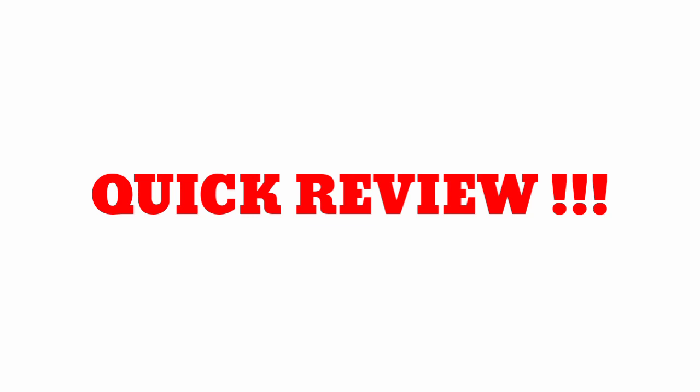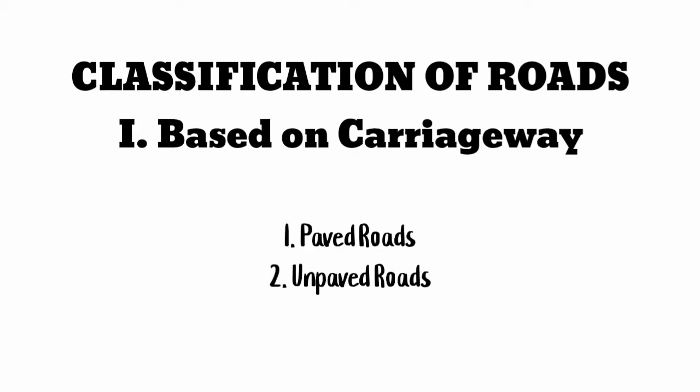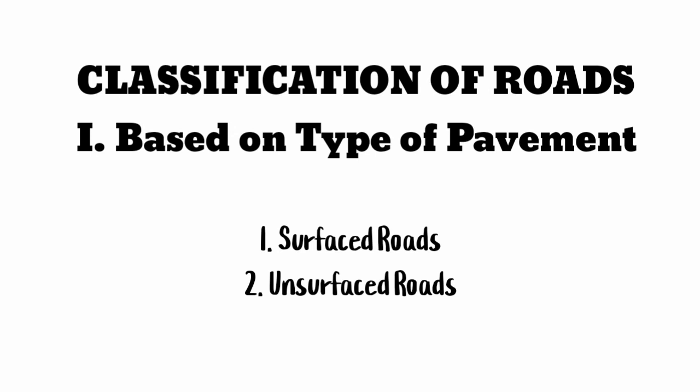Quick review. Classification of roads based on usage: first is all-weather road, second, fair-weather roads. Based on carriageway: first, paved roads, second, unpaved roads. Based on the type of pavement surfacing provided: first, surfaced road, second, unsurfaced road.